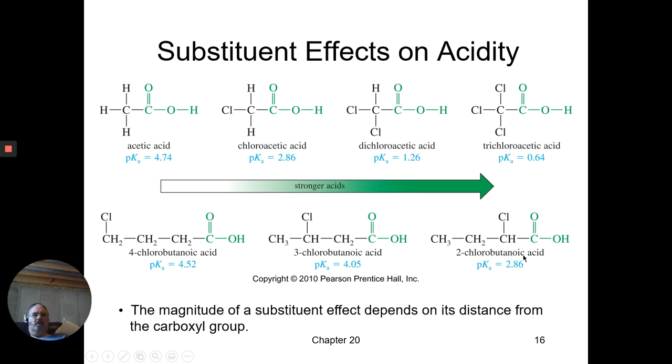Here's 2-chlorobutanoic acid, and you can see that this ethyl has almost no effect compared to chloroacetic acid. But if we move the chlorine farther away, we can see that the effect is diminished, and by the time we get to the fourth carbon, the effect is almost completely absent.